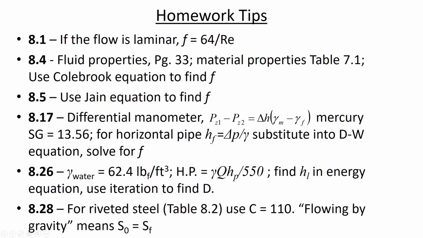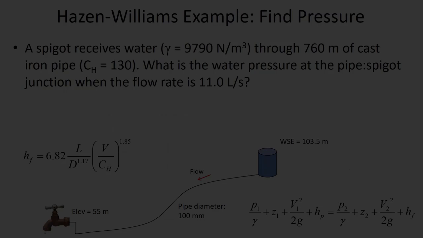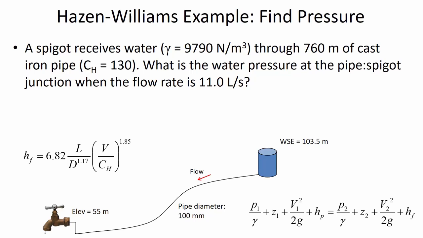Some tips for the homework assignment you've got due on Tuesday. As you start working on these, I think each one of these little comments will make more sense to you. But I did want to point out that they're there. We had water being directed through this spigot, and what causes the pressure is a tank higher up on a hill.